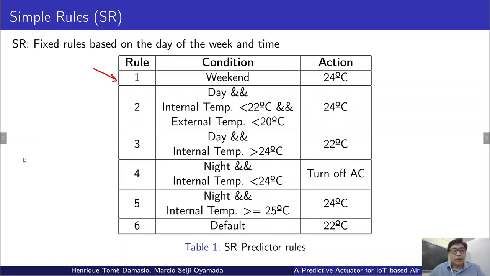If the internal temperature is lower than 24 degrees, the actuator turns off the air conditioner unit. And if the internal temperature rises, it turns on the air conditioner unit to 24 degrees. In the day, the air conditioner configuration is based on the internal and the external temperature.